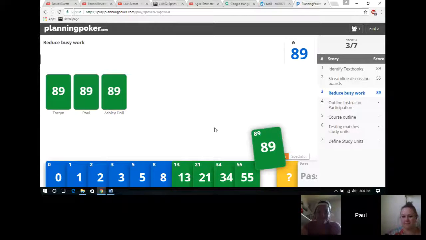So let's go ahead and vote on that one. Okay, we'll flip those over. We all agree that reducing busy work is a very important piece of this class. So that one's pretty straightforward.